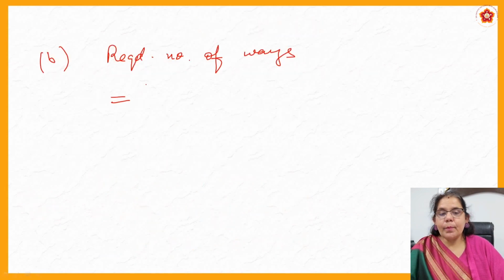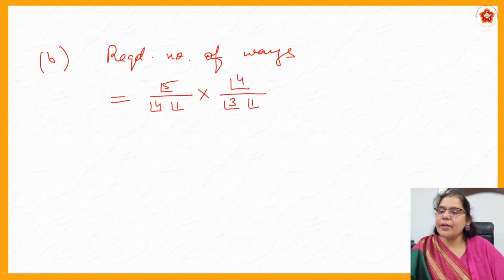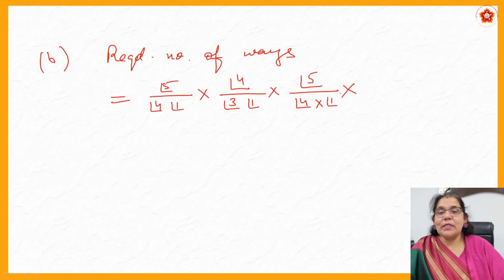So it would be factorial 5 upon factorial 4 into factorial 1. Then for physics books, factorial 4 over factorial 3, factorial 1. Chemistry books, out of 5 we had to choose 4. Now let us see what happens.